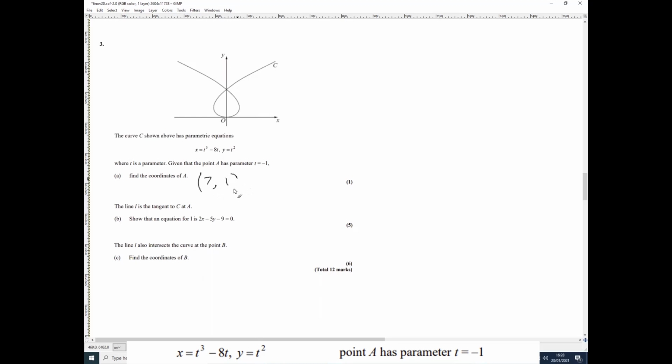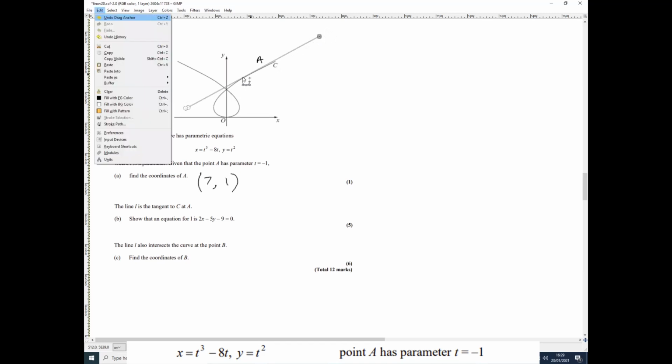The line L is tangent to the curve C at A. Now we don't know exactly where that is, probably somewhere up here. So let's say A is about here, and then to draw a tangent, I'll try and make a nice straight line if I can. It's touching at that point there.